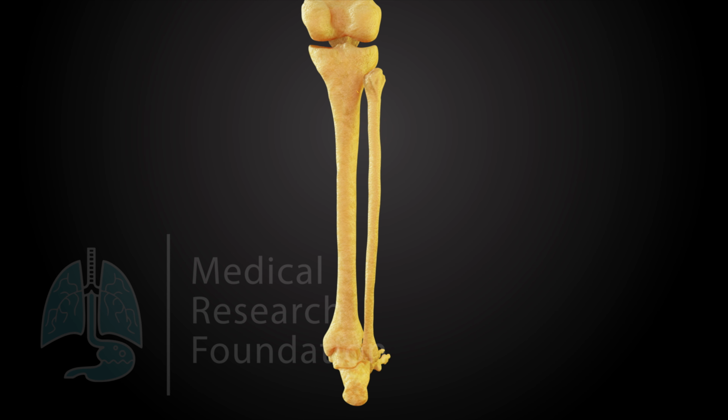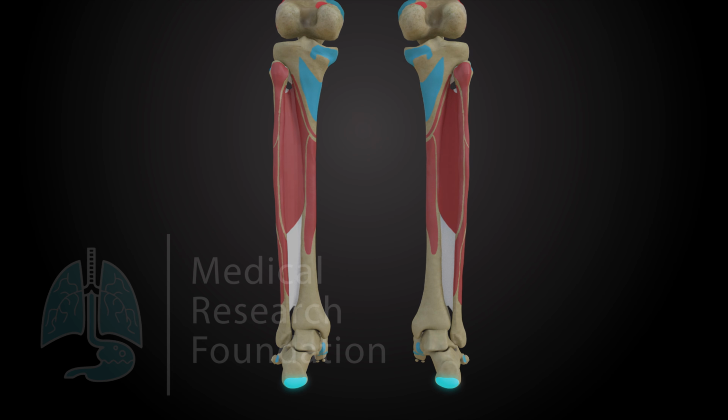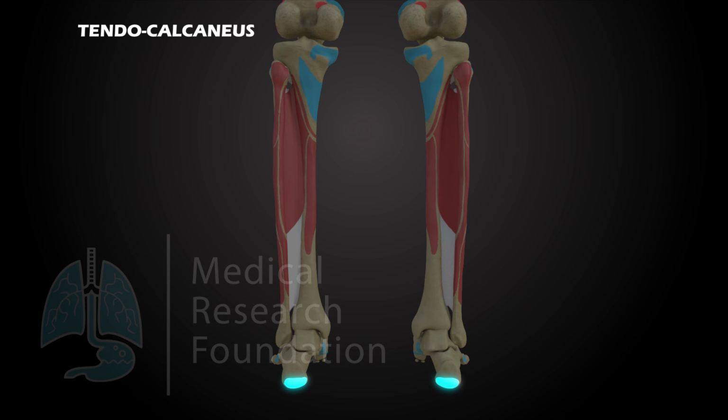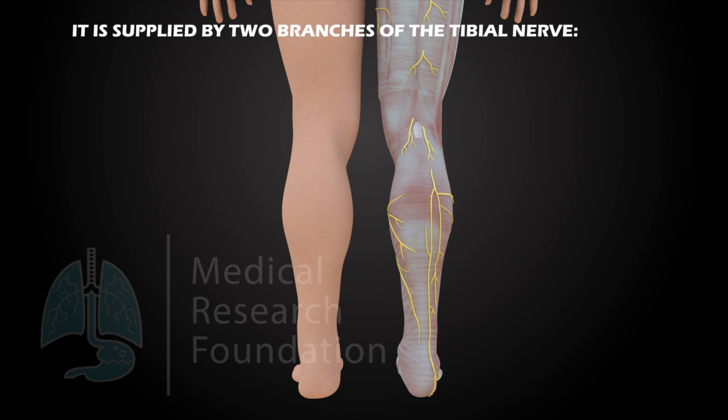Insertion. The muscle fibers slope downward to form a massive belly, which gives rise to a tendon. Posterior surface of calcaneum as Tendo calcaneus. Nerve supply. It is supplied by two branches of the tibial nerve.